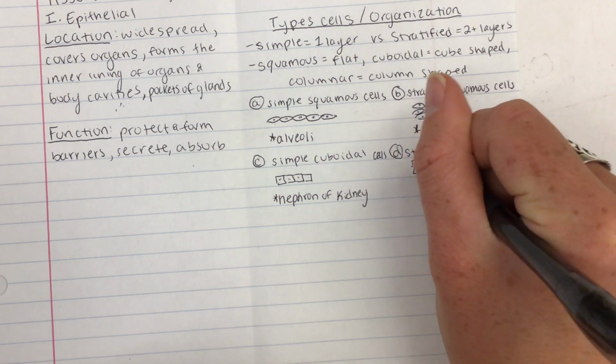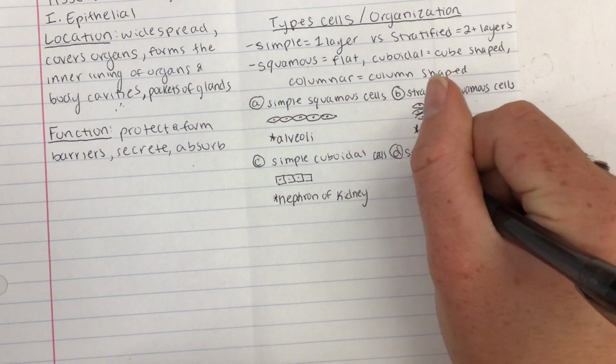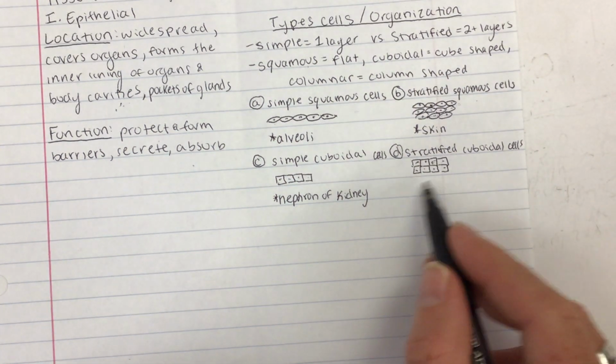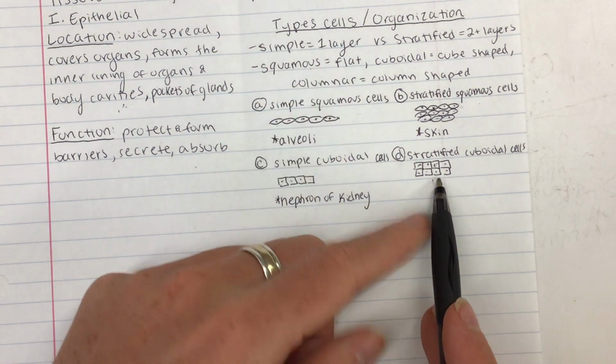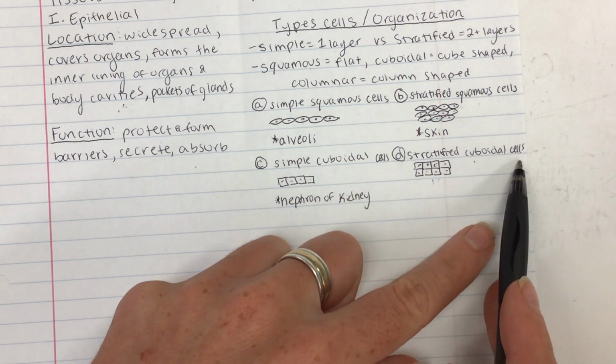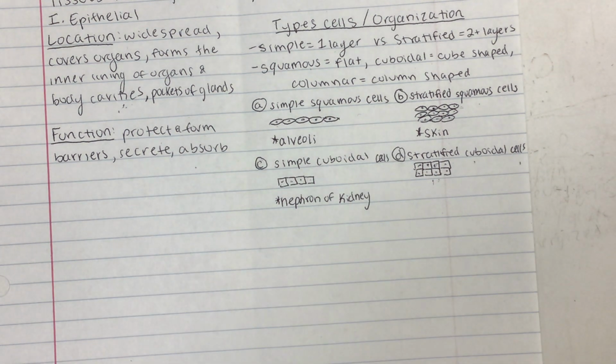But the same deal, we'll add our nuclei in. Again, we are drawing individual cells here, but together they make up a tissue. And so if we were looking at this, we would be seeing epithelial tissue that's made up of stratified cuboidal cells. Or it's stratified cuboidal epithelial tissue, you could say.